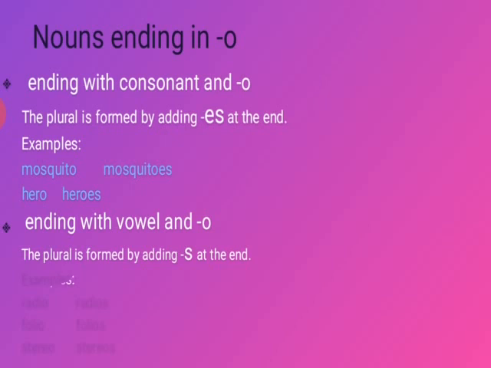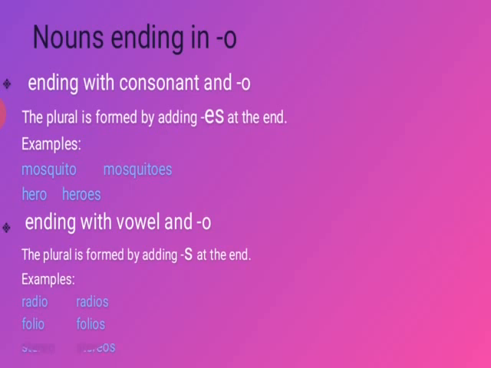You can see in examples like radio, its last letter is O, but the preceding letter is a vowel, I. So we have just added s at its end and it has become radios. Then is folio, again vowel I and O, and we have added s as a suffix.